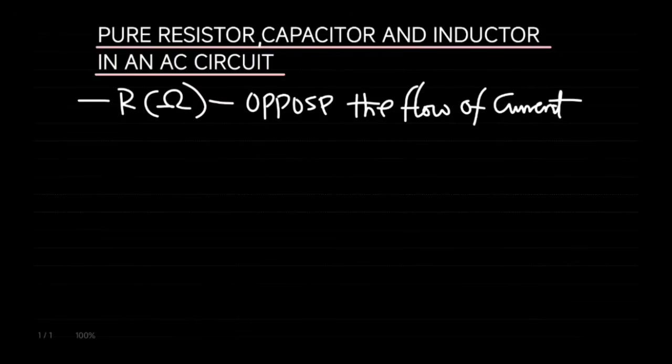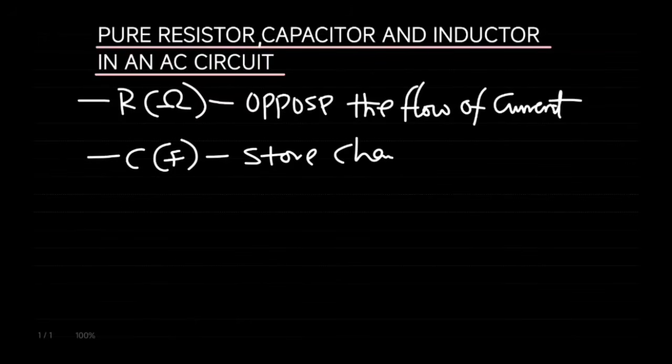For capacitor, it stores charge, measured in farad, store charge or energy for later use. And for inductor, measured in Henry, it is used to store energy in a magnetic field, provided electricity is passing through the circuit.